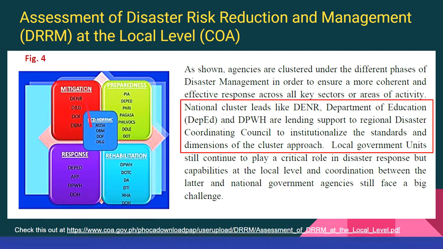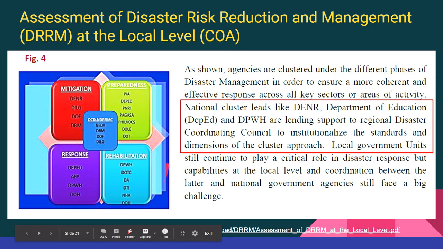For preparedness, you have your PIA, Philippine Information Agency, DepEd, PNRI, Nuclear Research Institute, PAGASA, PHIVOLCS, DOLE, and DOT, Department of Tourism. And then for response, you have your DepEd, AFP, Armed Forces of the Philippines, DPWH, and then DOH.